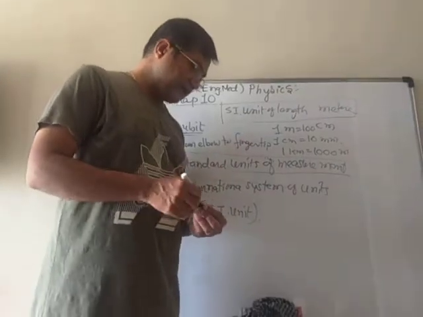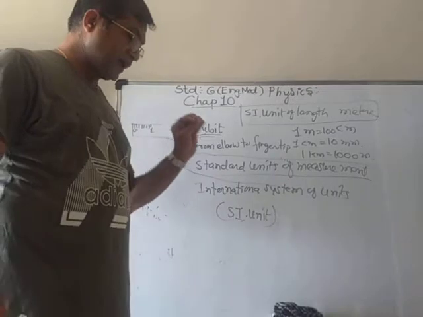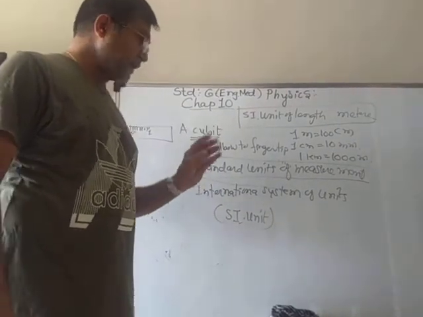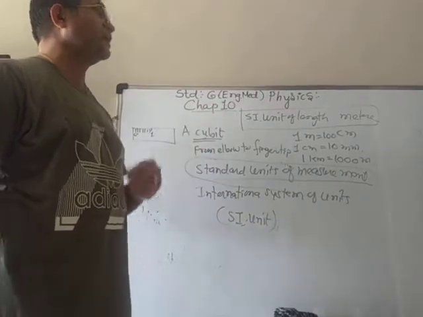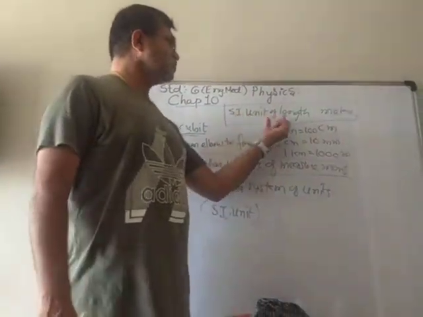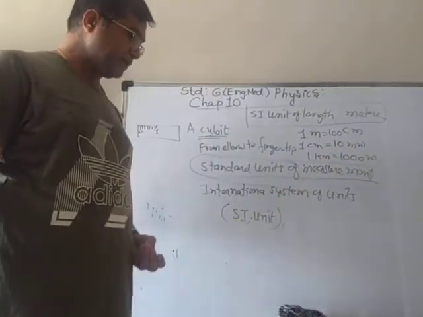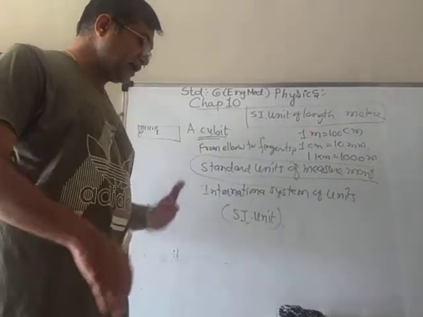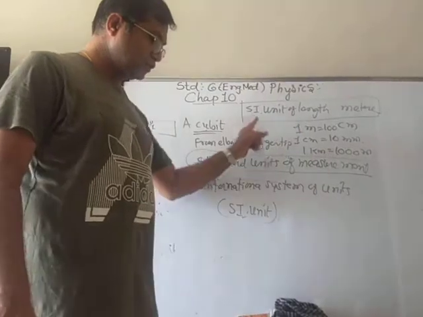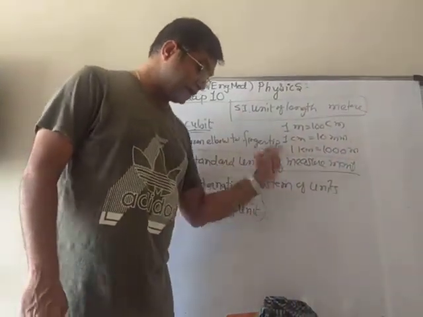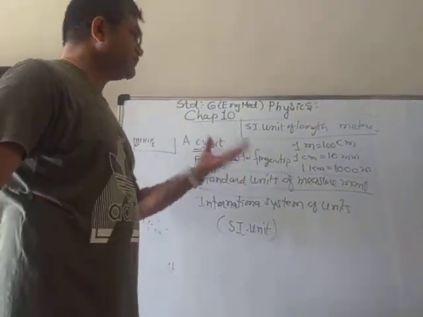So all the measurements of the standard units are known as SI units, and the others are units smaller or bigger than the standard unit. Here the SI unit of length is meter, and centimeter, millimeter, kilometer, etc. are other units which have a relation between them. You have to remember all the relations, because they will be very, very useful in your life.